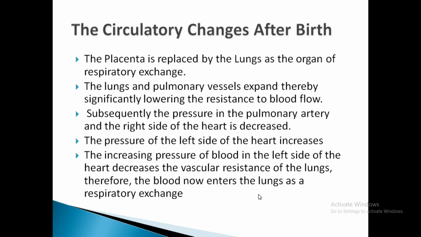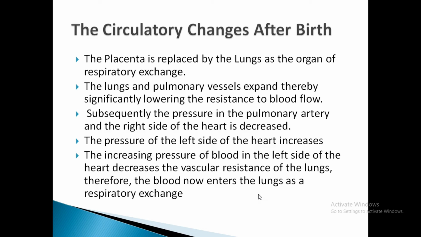So what happened? First of all, the placenta is replaced by lungs. The lungs and pulmonary vessels would expand, thereby significantly lowering the resistance to blood flow. Once the lungs and the pulmonary vessels have expanded, obviously the resistance would automatically decrease. And then subsequently, the pressure in the pulmonary artery and the right side of the heart is decreased.